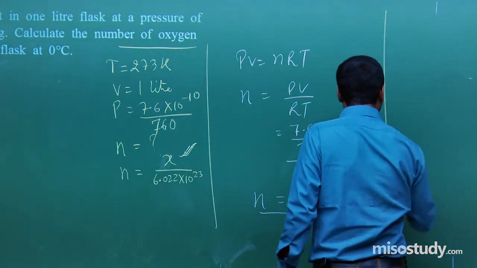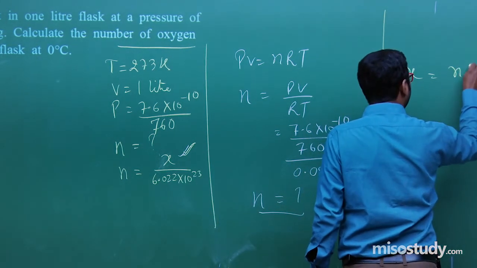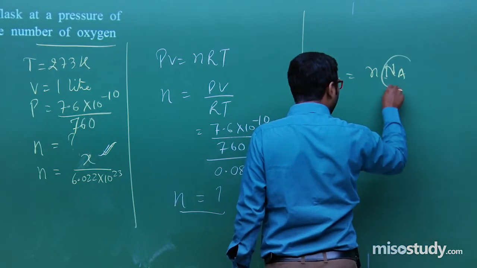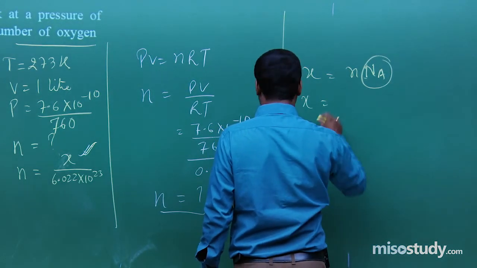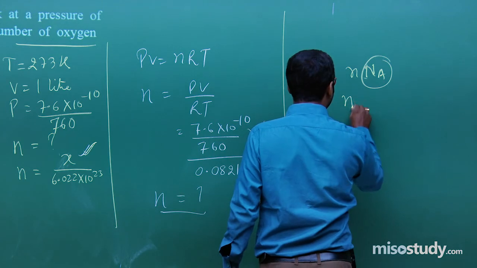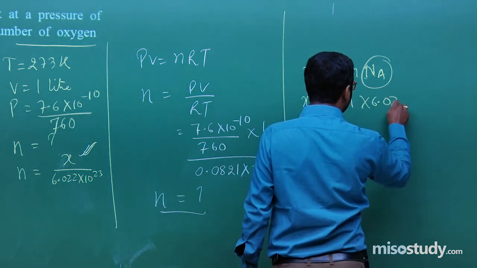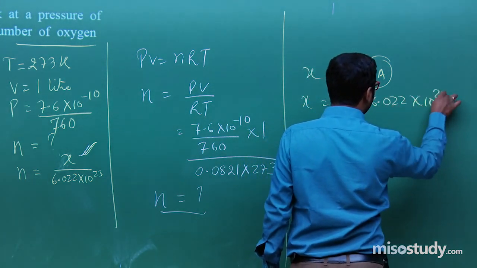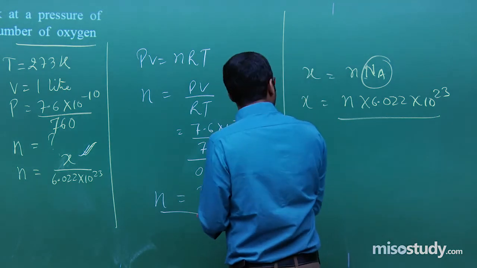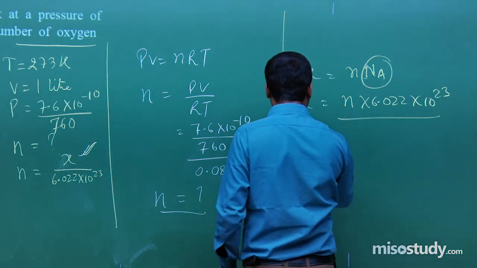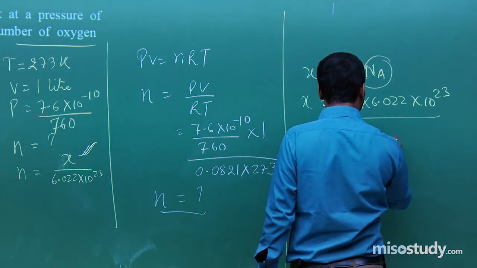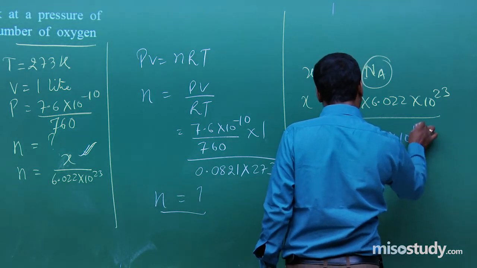That is, x is equal to n multiply Na, the Avogadro number. So x is equal to n multiplied by 6.022 into 10 to the power 23. After solving we get x is equal to 2.7 into 10 to the power 10.